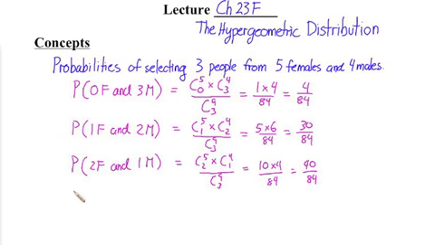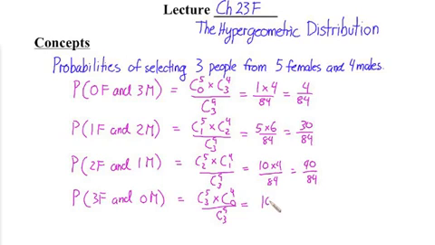Bear with me as I do the last possible outcome, which is 3 females and 0 males. Again, 3 out of 5 females times a combination of 0 males out of 4 all over the total number of combinations. That gets me 10 times 1 over 84, or 10 84ths.